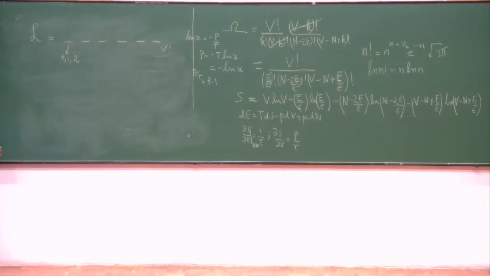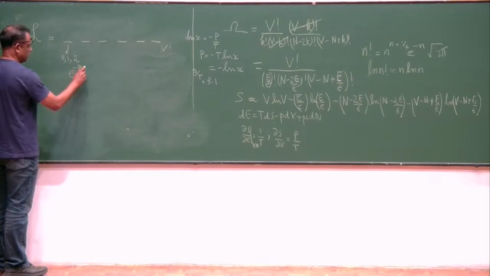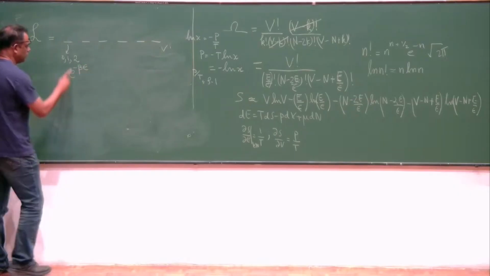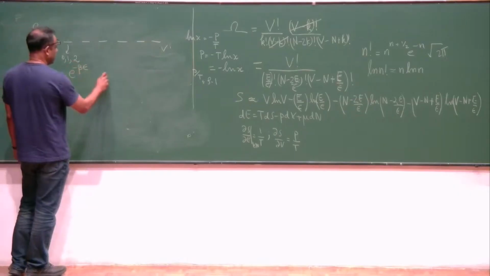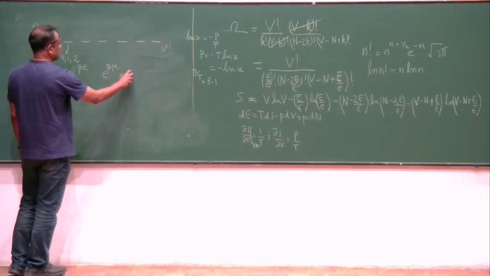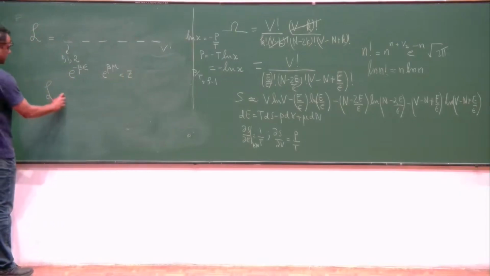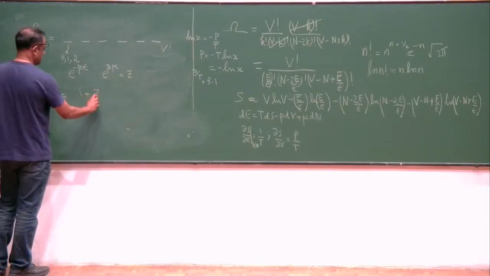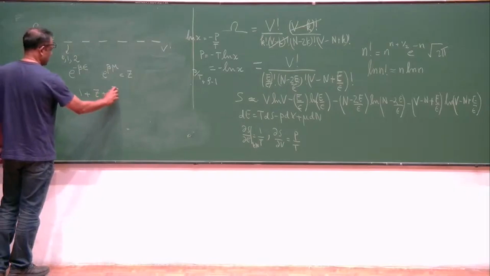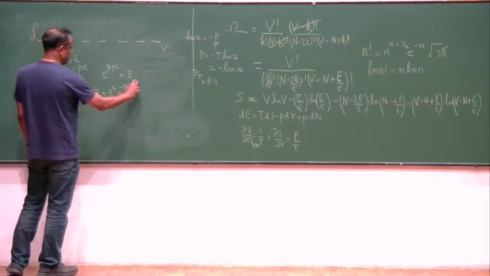So what is L? Remember, energy comes with weight e to the power minus beta epsilon, and number of particles come with weight e to the power beta mu, which I'll call Z. Just by inspection, I can write L is equal to (1 plus Z plus Z square e to the power minus beta epsilon) to the power V.